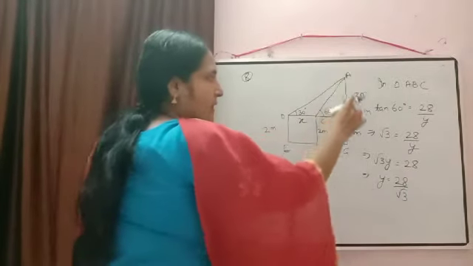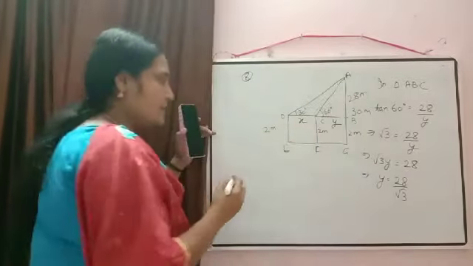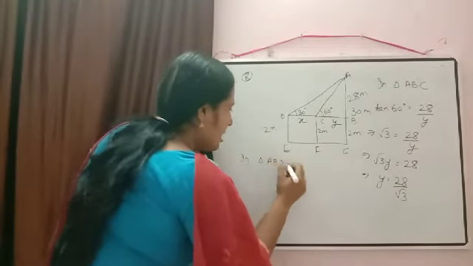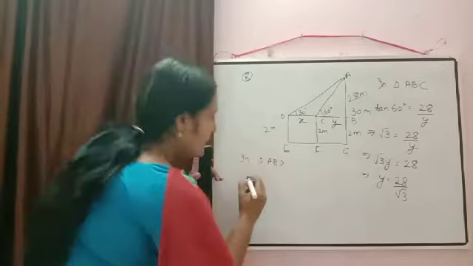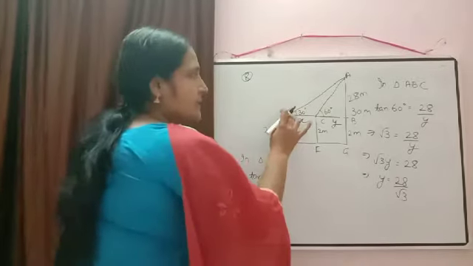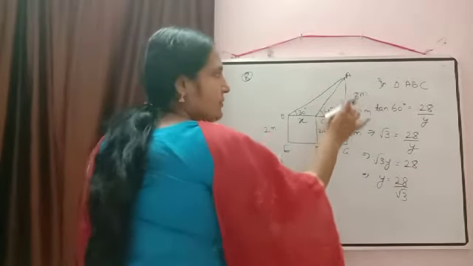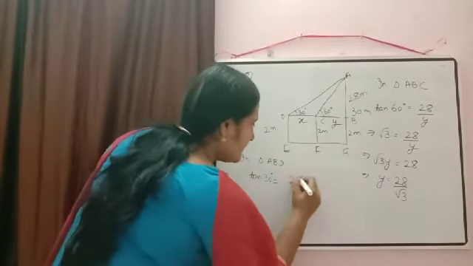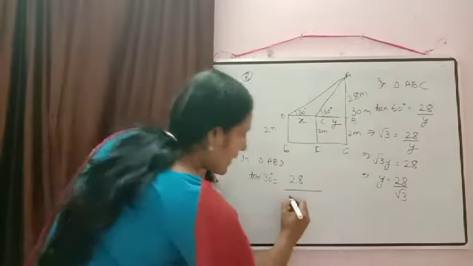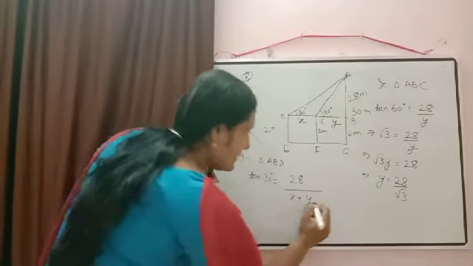Yes, in triangle ABD. So write down, in triangle ABD, what will come? Tan 30 degree is equal to side opposite, which is 28, by side adjacent, that is x plus y.